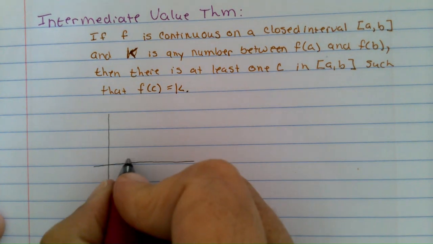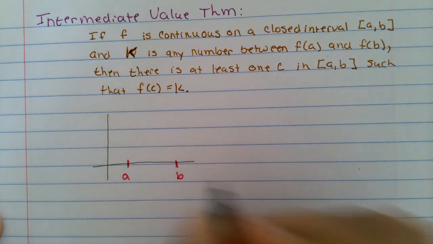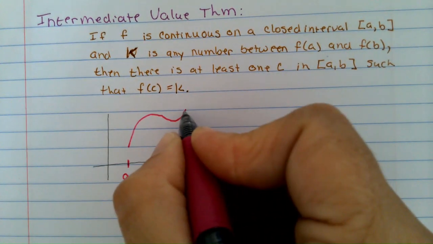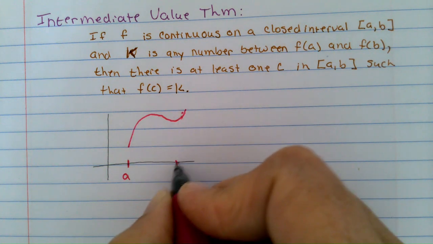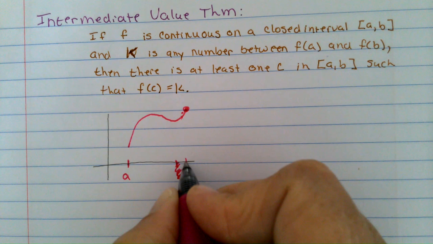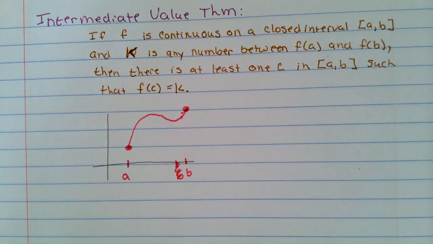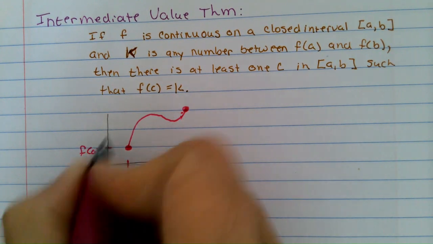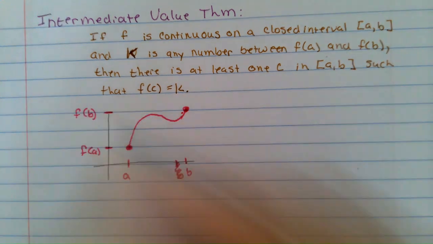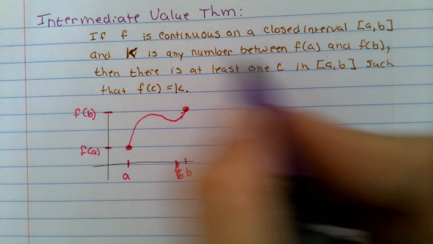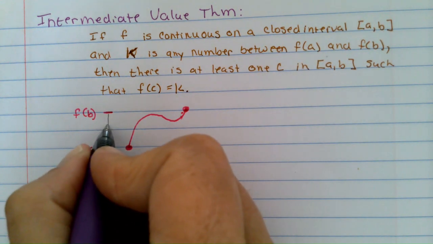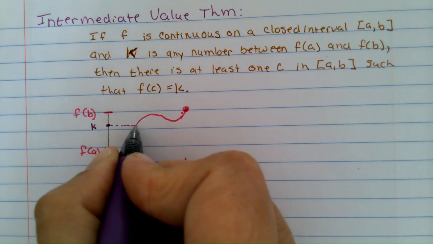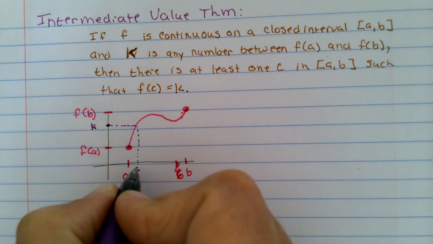Closed interval A to B. There's our closed interval A to B. Therefore this would be f of A, and this up here is f of B. Then K is any number between those, so we'll make K right here. There's our c value.